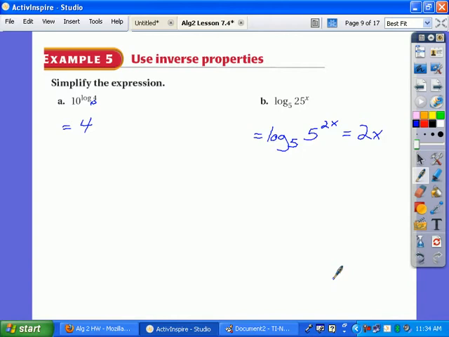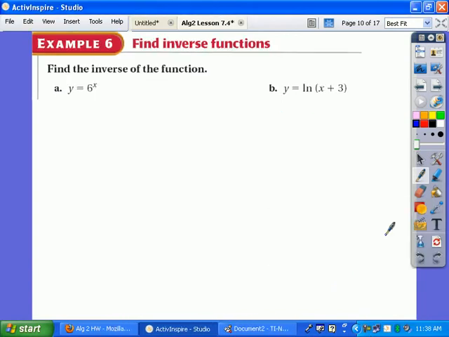All right, so for our next problems, we're going to be working on finding the inverse of a function. The first step anytime we do this is we switch x and y. So x equals 6 to the y. And now we don't really have a way to solve this. The only thing at our disposal is to change the format from exponent form to logarithm form.